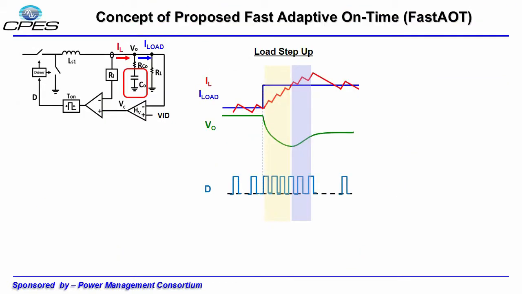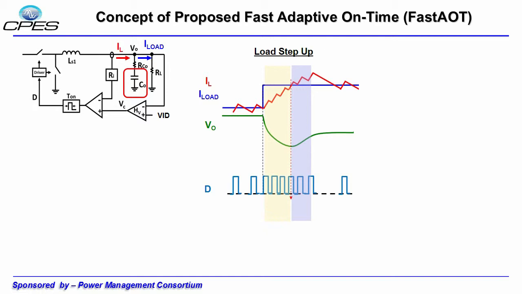Let's look at the issue very carefully. Here at the load step up, when load rises quickly and IL is trying to catch up, if we look at the output capacitor, it is discharging and the output is falling down. After the point they become equal, IL becomes higher and the output goes back to the regulation point.